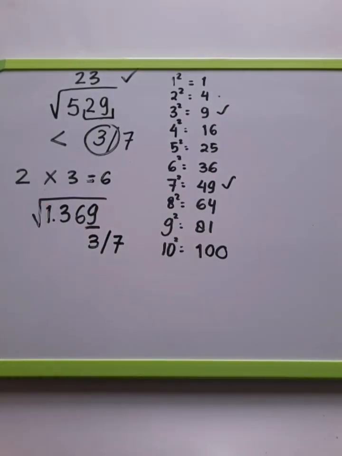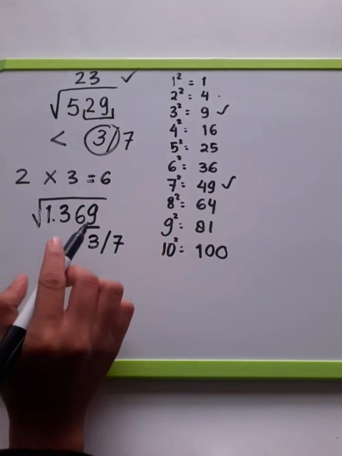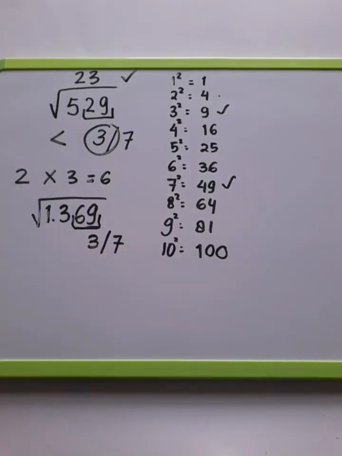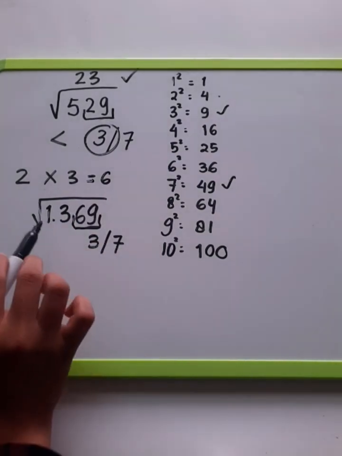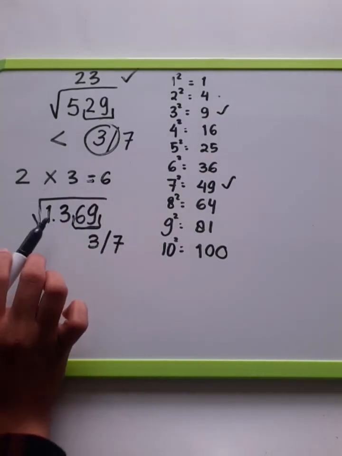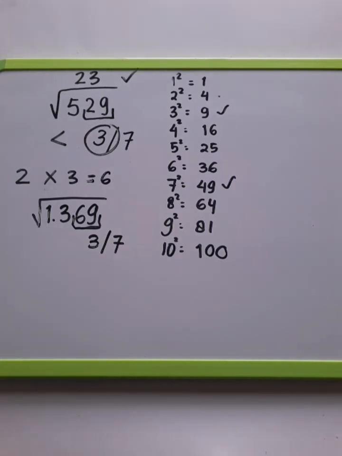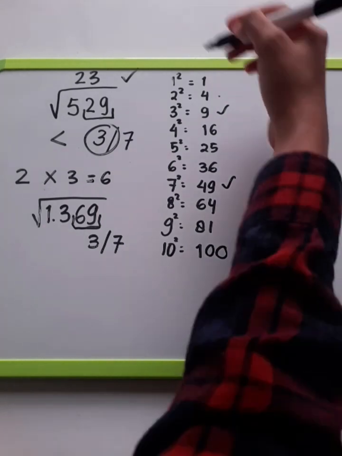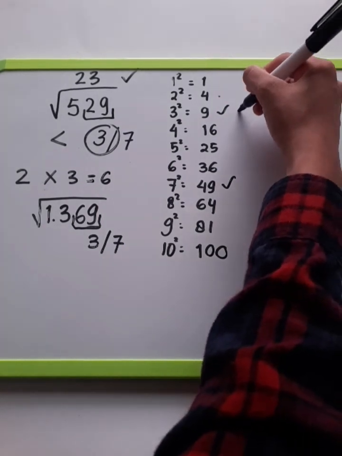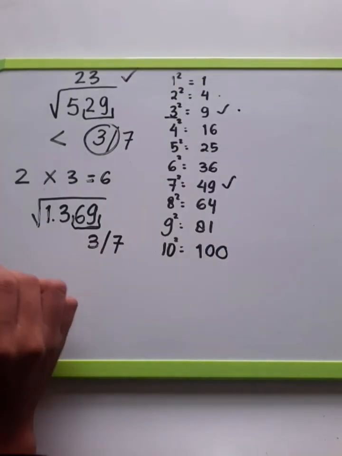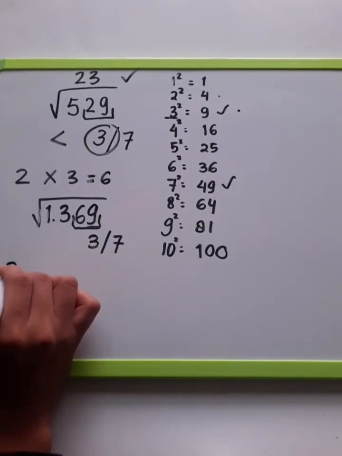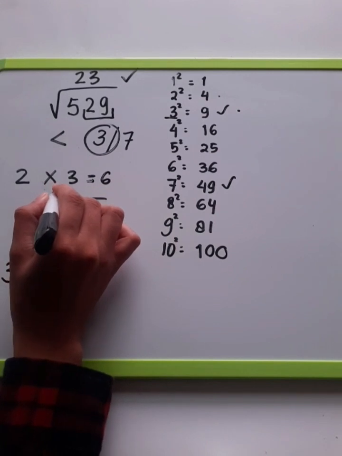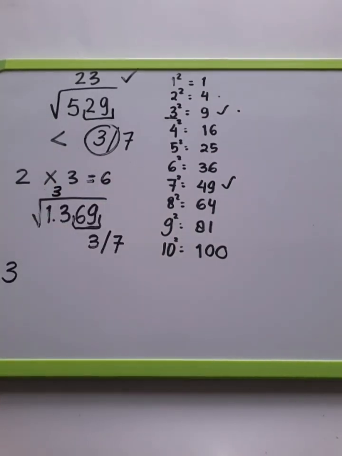And then you take 2 numbers from behind, 6 and 9, and you focus on 13. Which perfect square is near 13? So, near 13 is 9. So we pick the 3, and the tens digit will be 3.